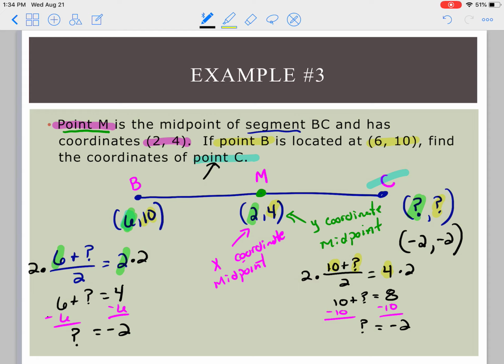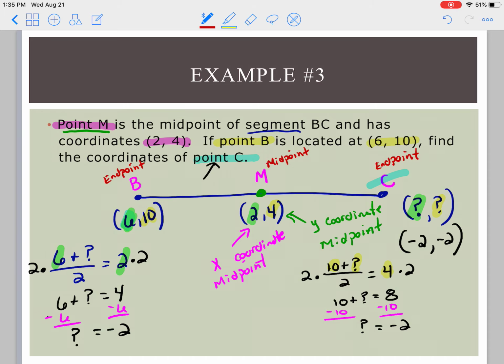This is using the midpoint formula, but it is semi-working backwards in that I'm given the midpoint and I have to find the missing endpoint, okay? This is an endpoint. This is an endpoint. M is my midpoint.